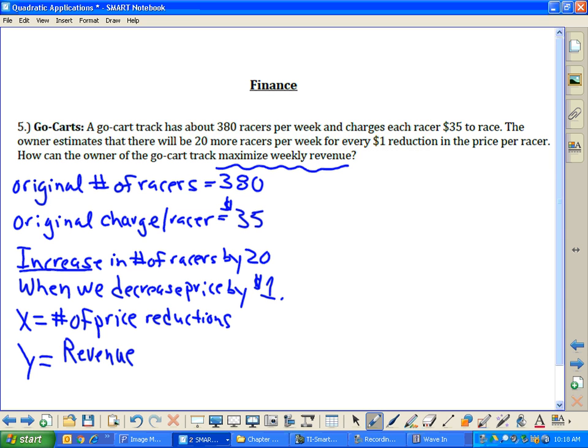Questions about that? Now, what I hear from all of your answers thus far is that revenue, this is us writing our verbal model, comes from multiplying two things together. Originally, he's bringing in 380 racers at $35 per racer.